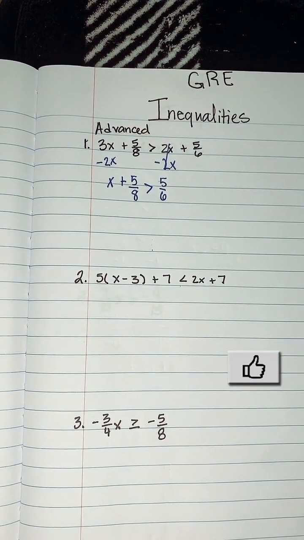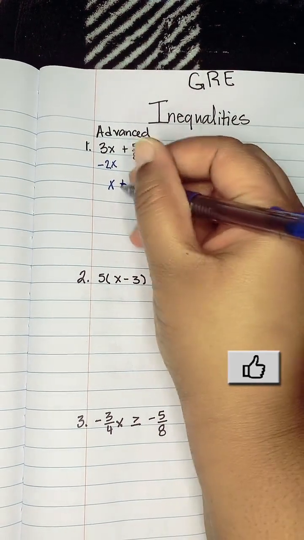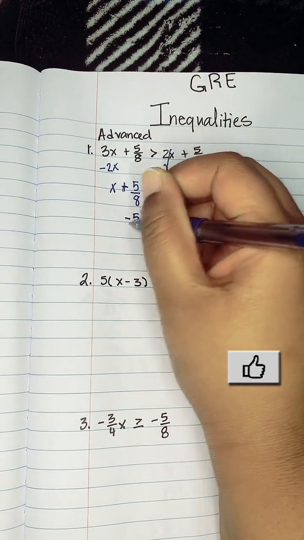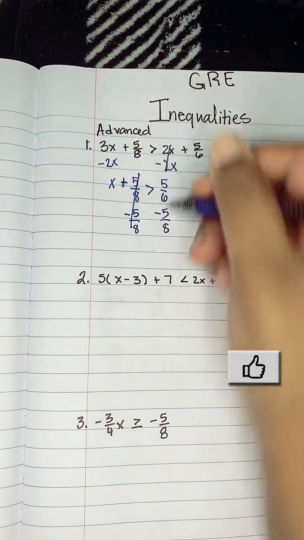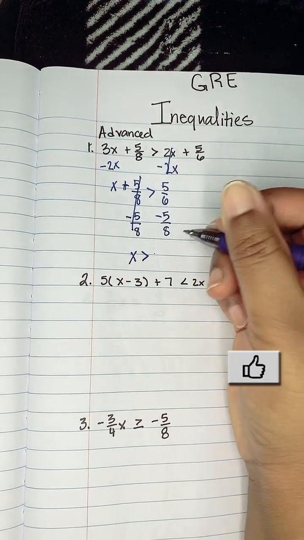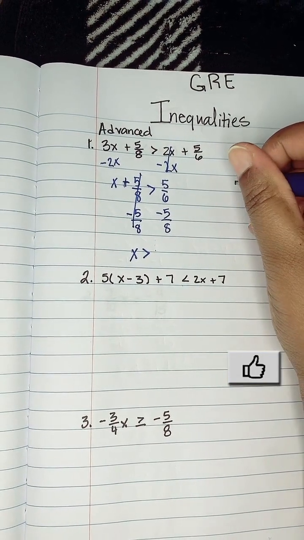Now we need the 5/8 to the other side. So we're going to do that by doing the opposite of this sign. We're going to subtract 5/8 and subtract 5/8. This cancels and we get x is greater than. Now, what I always say, move your work over here.